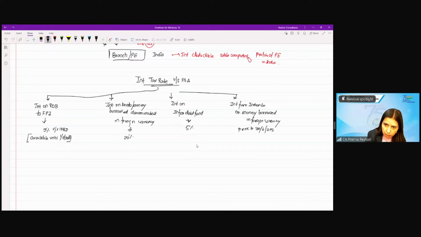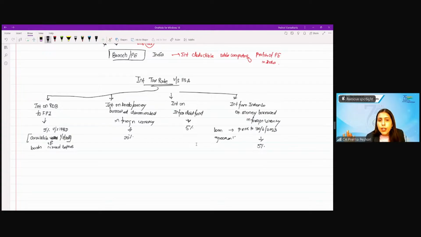So loan agreement prior to 30th June 2023. I'm talking about the loan agreement and not the interest. Here also available if the bonds are issued before 1st July 2020. So in this case, it was 5%.